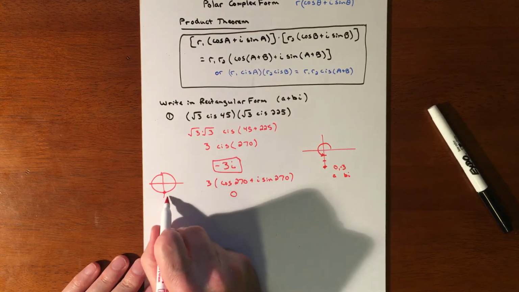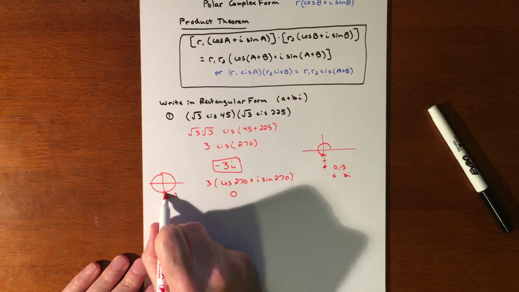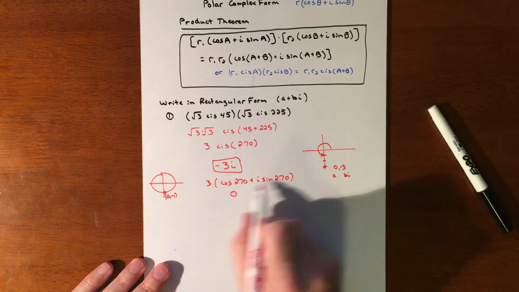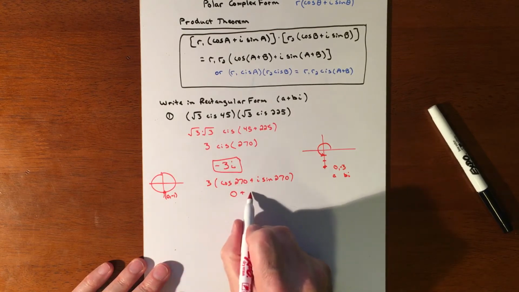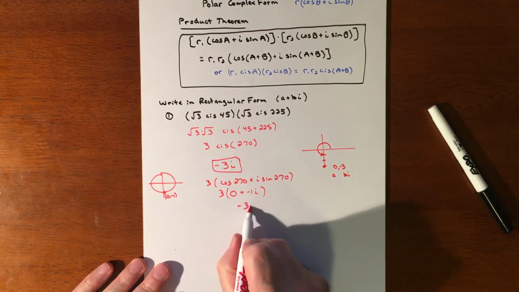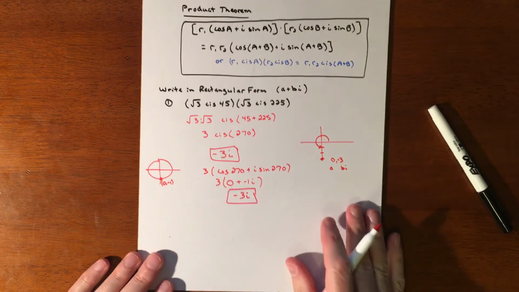We don't worry about the 3 at all yet. That point is a 0, negative 1. So your cosine of 270 is 0 because it's the x value. Your sine of 270 is negative 1 because it's the y value. And it's a negative 1 times i. And then when you multiply that through, that's another way of getting that value.